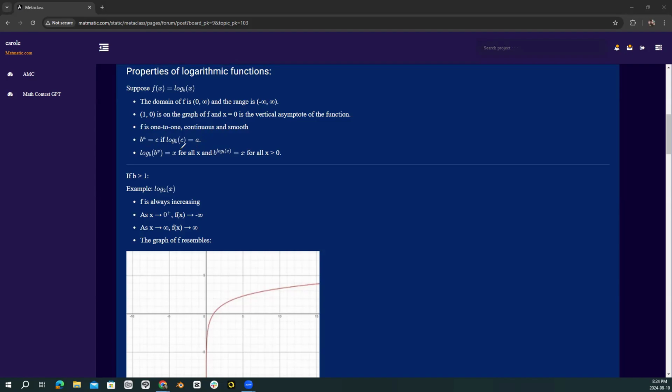And this next one: log base b of b to the power of x equals x for all x values, and b to the power of log base b of x is also equal to x for all x values greater than 0.